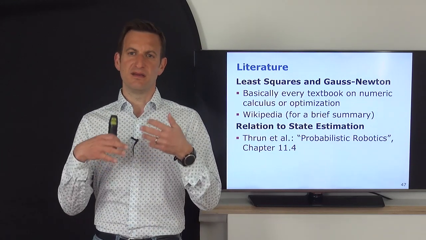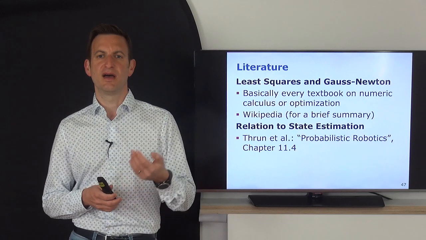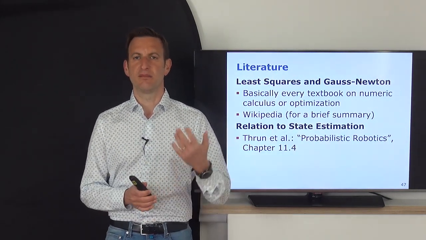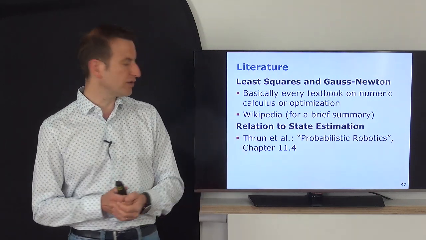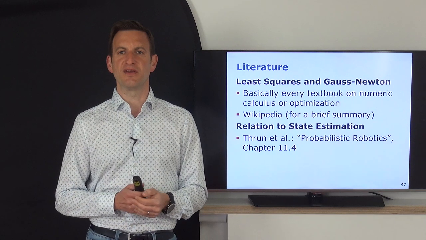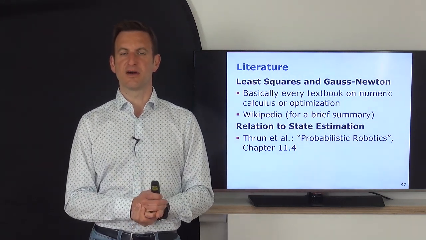So even the notation that I used here may be different from the notation you're used to. And I want to point out the Probabilistic Robotics book on this relation of the least squares approach to probabilistic state estimation, where you can see what the similarities and differences are.